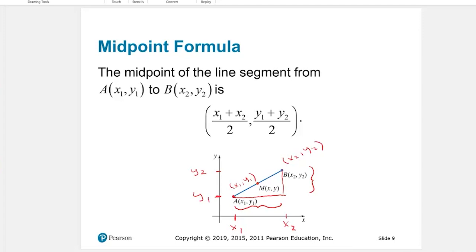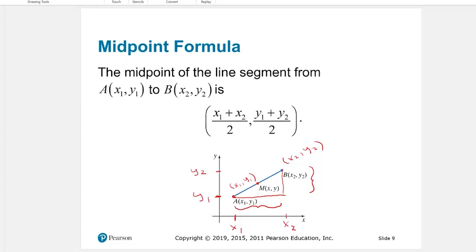And if I want to find the middle of both of these lines, the new ones I just made from my triangle, can't I just take the average? I can add the two endpoints and divide by 2. I can add the two y values, divide by 2. That gives me the middle, okay? And that's really what we're doing for the midpoint formula.